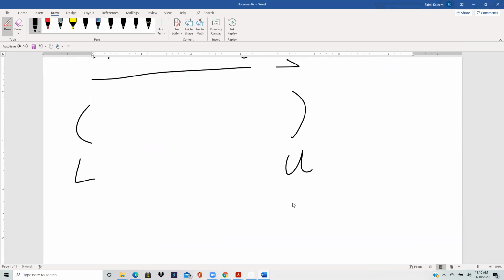This whole thing is the width of the interval, and the margin of error is actually only half of the interval length.